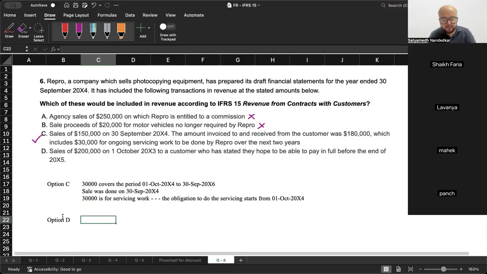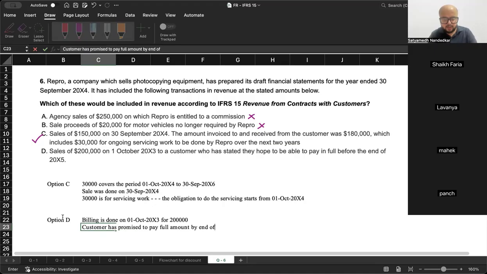So option D. Billing is done on 1st of October 2003 for 2 lakh. Okay. The customer has promised to pay the full amount by the end of 2005.